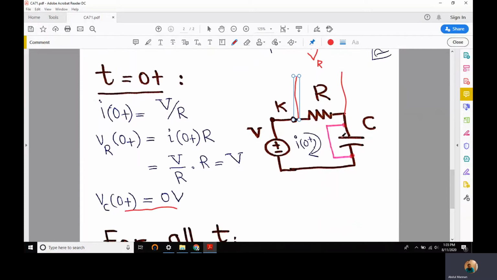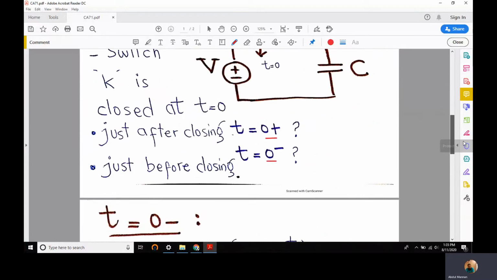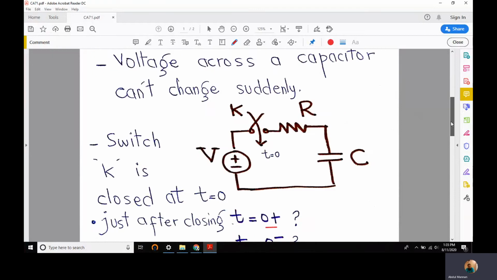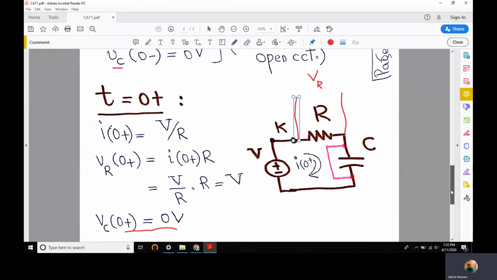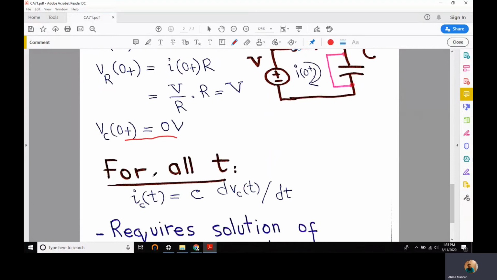After the time passes, some voltage starts developing across this capacitor. The current through this capacitor is governed by this formula, and the voltage across capacitor is governed by this formula. So what is the voltage drop across capacitor after a very long time and for all values of t? That is important.